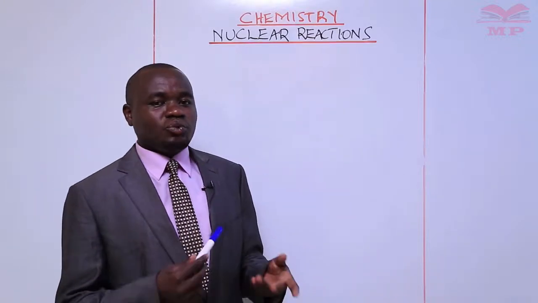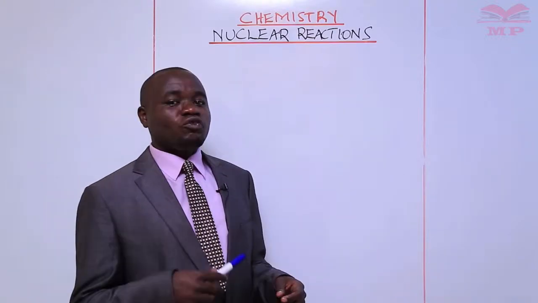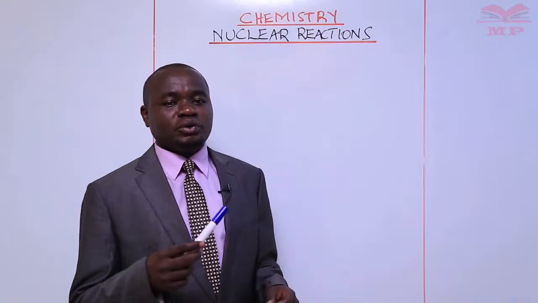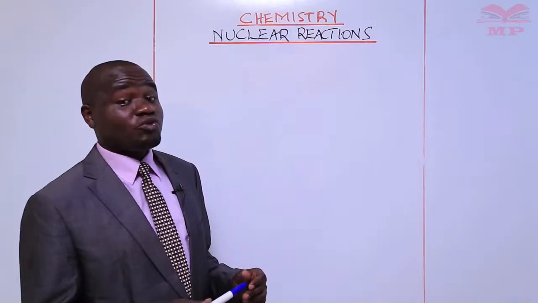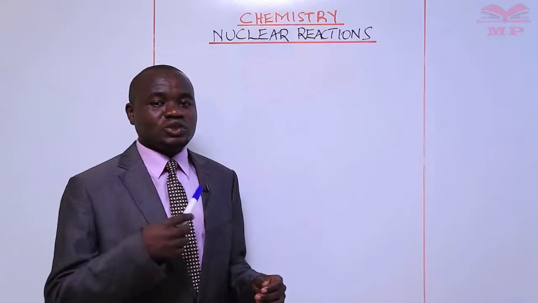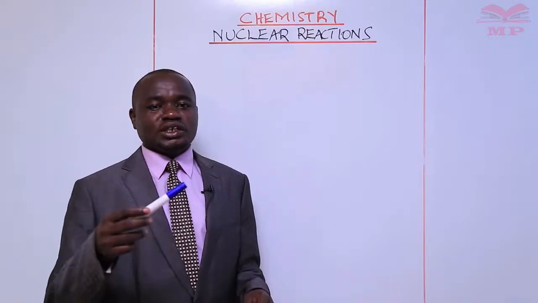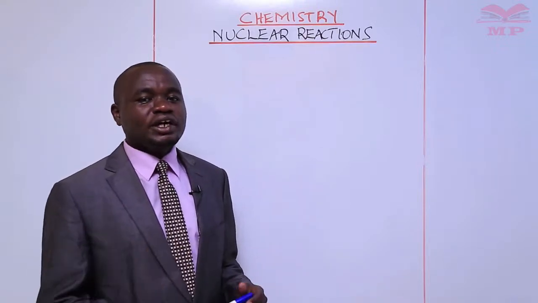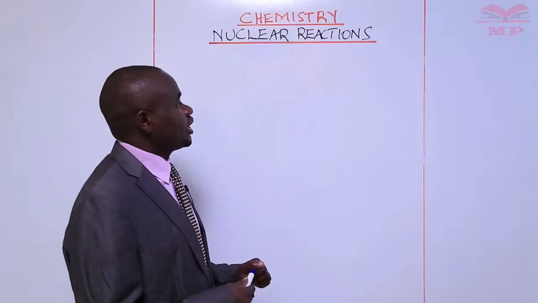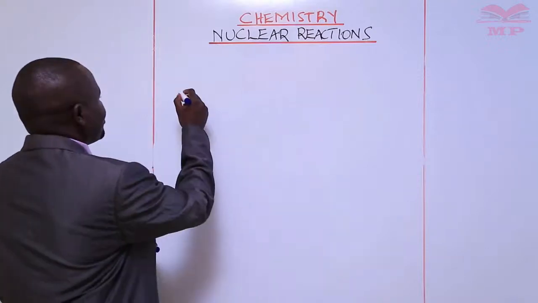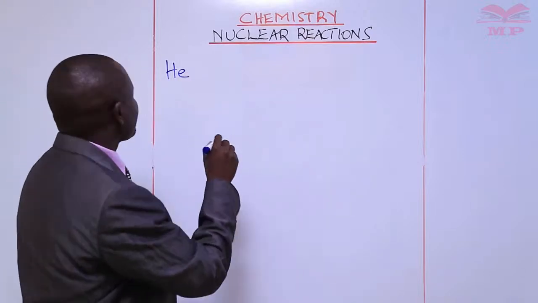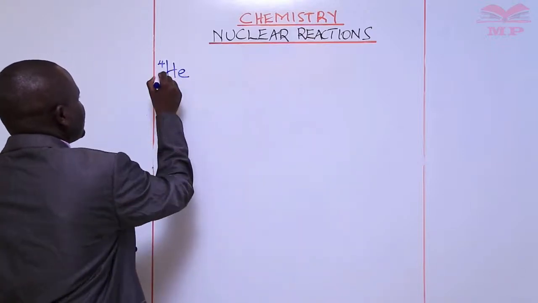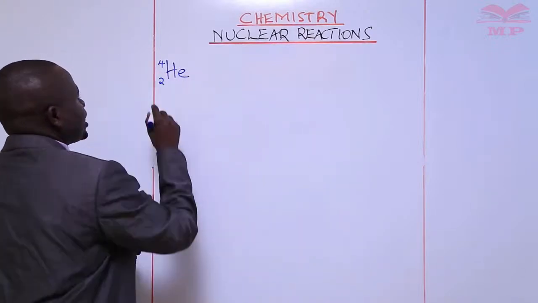So we were able to see the properties of each of those particles, and when it comes to alpha particles, we said that when writing a nuclear equation, alpha particles are represented with a helium atom with a mass number of 4 and atomic number of 2.